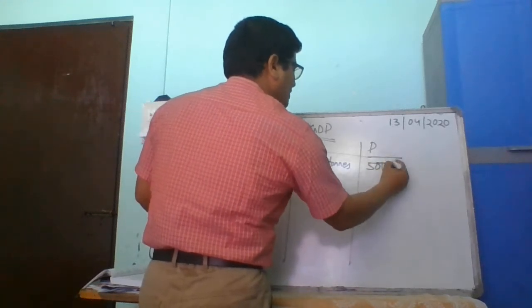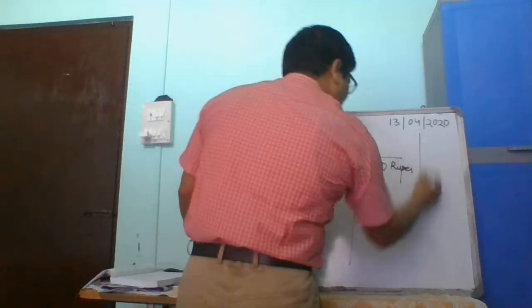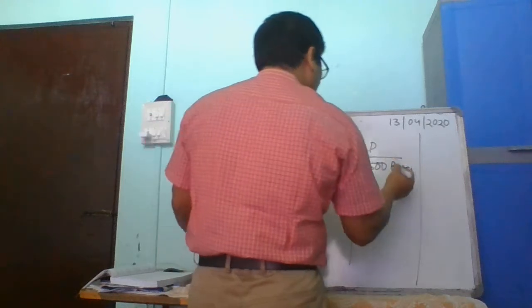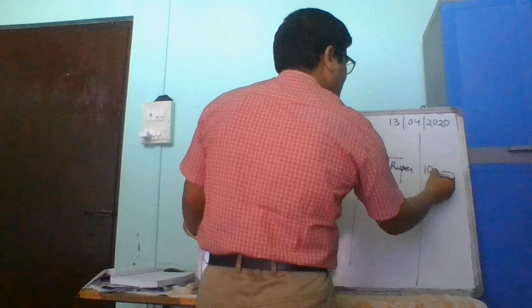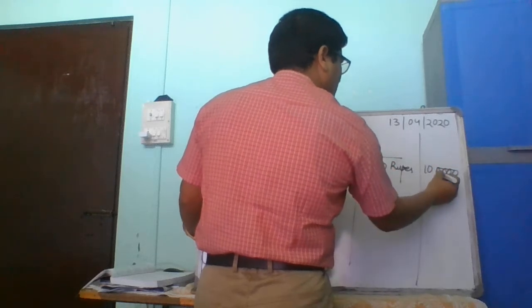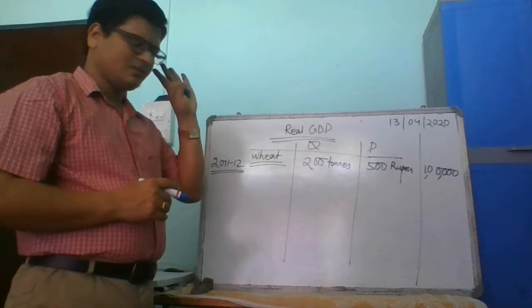So total GDP is 500 into 200. That means GDP is 1 lakh.